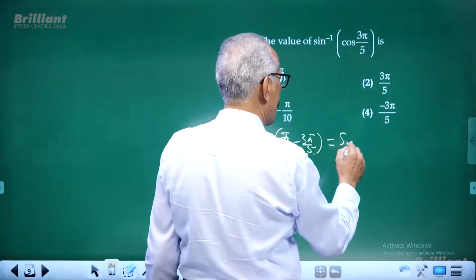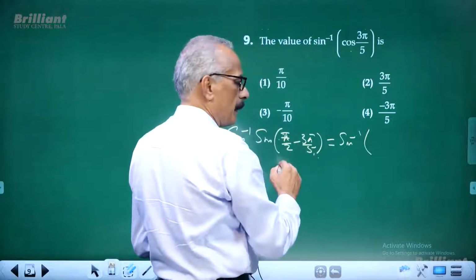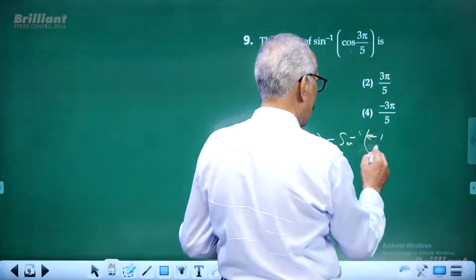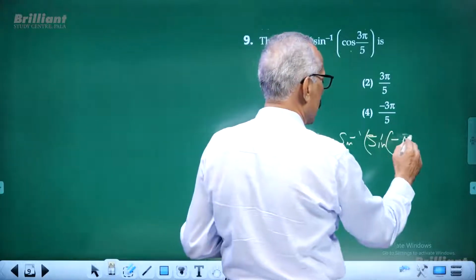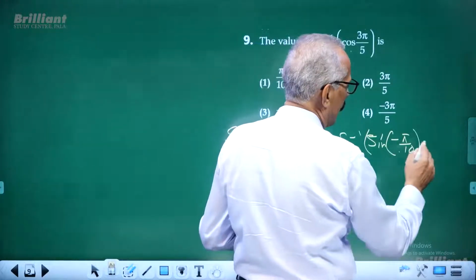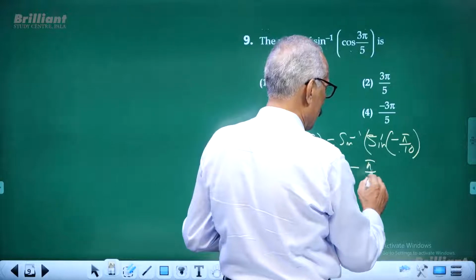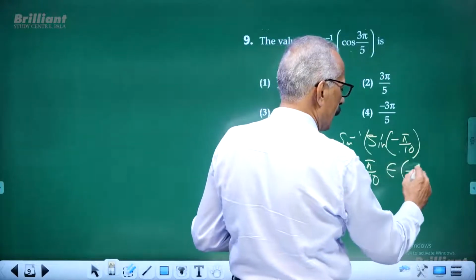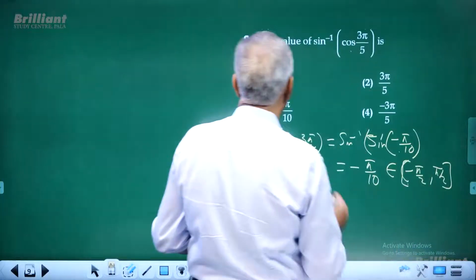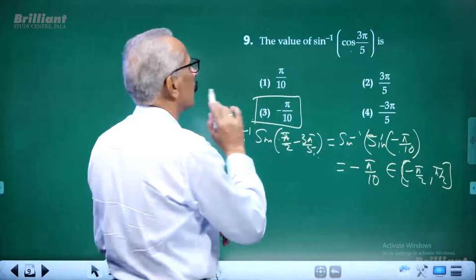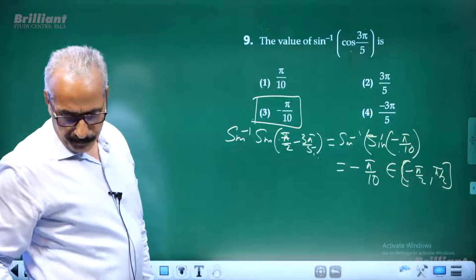Simplify. That is sine inverse sine of (5 pi minus 6 pi) by 10, which is minus pi by 10. Minus pi by 10 lies in the closed interval minus pi by 2 to pi by 2. Right. Minus pi by 10 is your answer. So that's your 9th question.